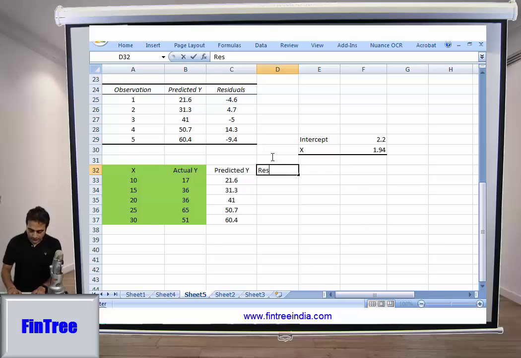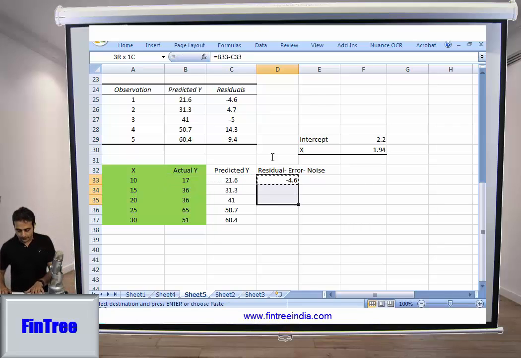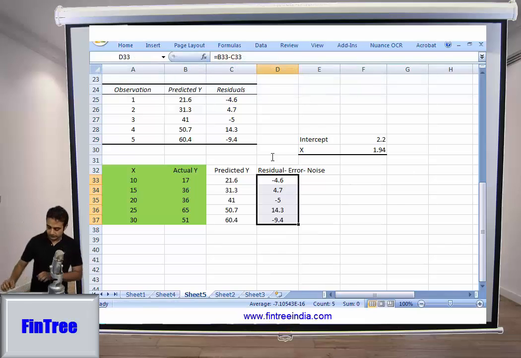So we can find out something called residual, also referred to as error, or at times also referred to as noise, which is essentially the difference between the actual y value and the predicted y value. So it would be 17 minus 21.6, and these are all your errors.